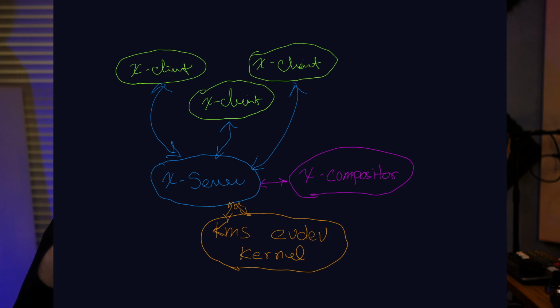Based on what the X clients do, the X server communicates with a separate thing called the compositor. The compositor pushes the information that has changed back out to the display server, and then that transitions onto your device.